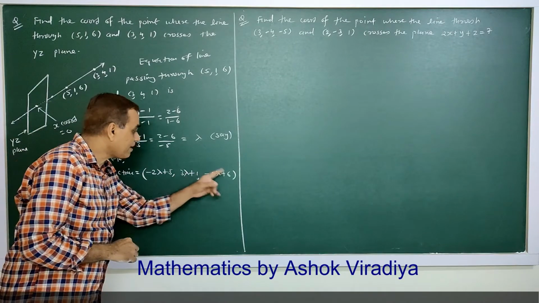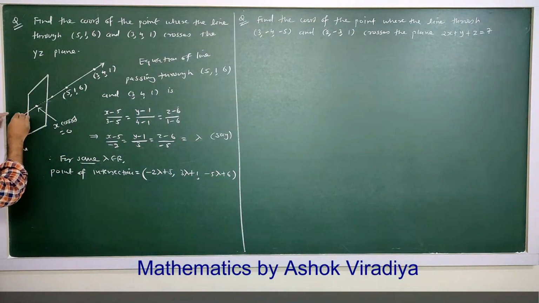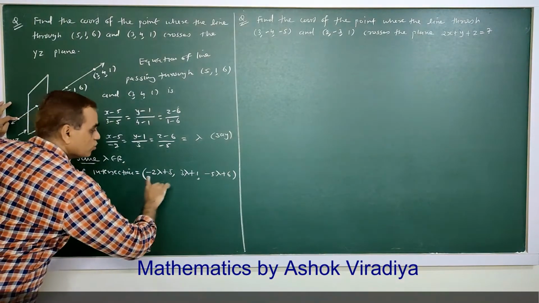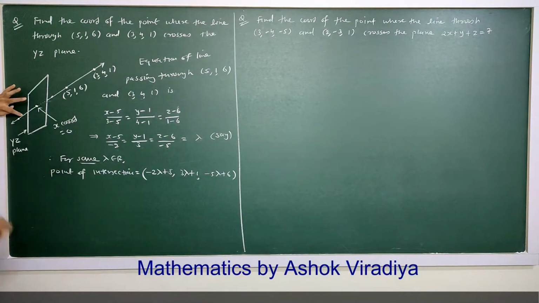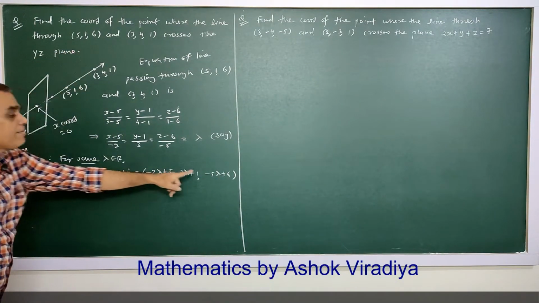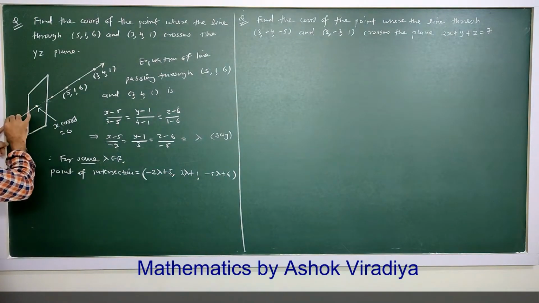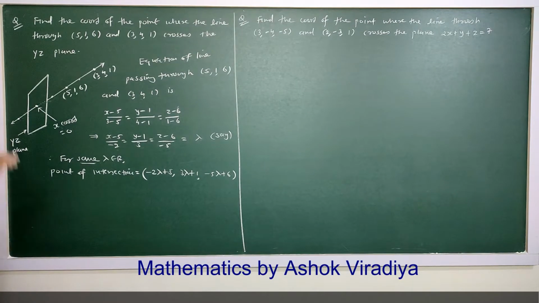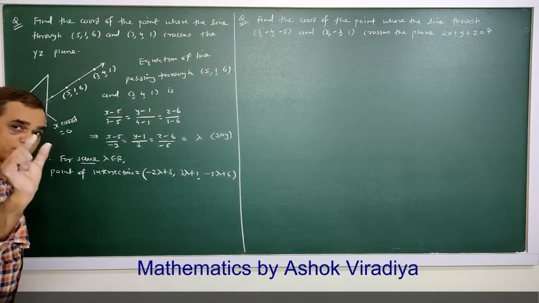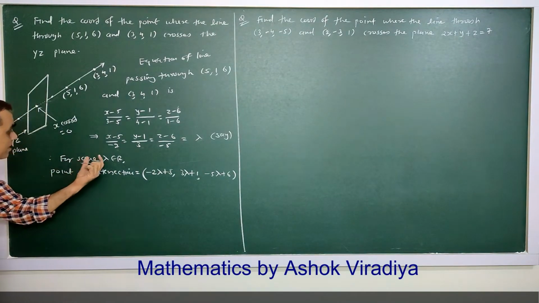If you take lambda 1 in this triplet, you get the coordinates of one point. If you take lambda 2, you get another point. If you put lambda 10, maybe this point. As you change lambda, every time you get a distinct triplet, that means a distinct point on this line. When you reach the point of crossing, there will be some particular lambda that we don't know.